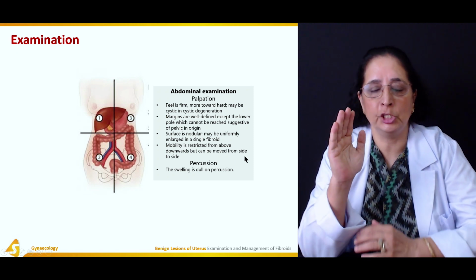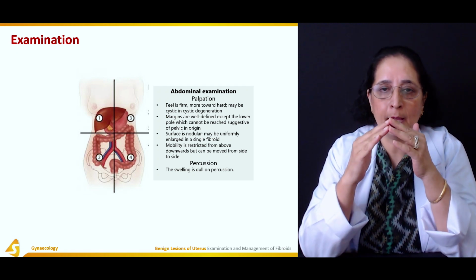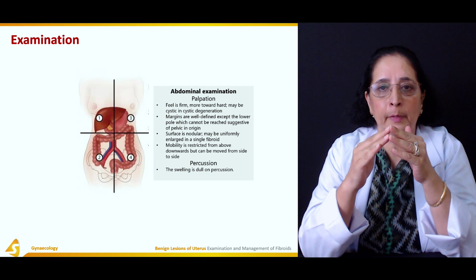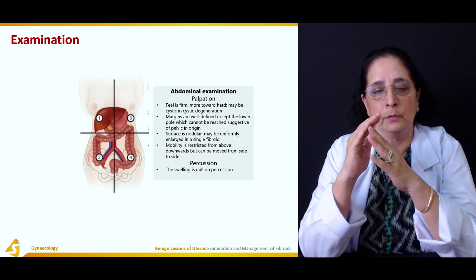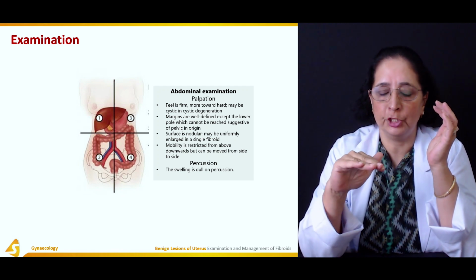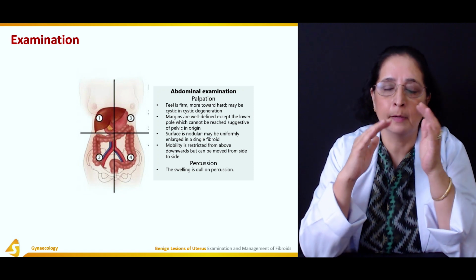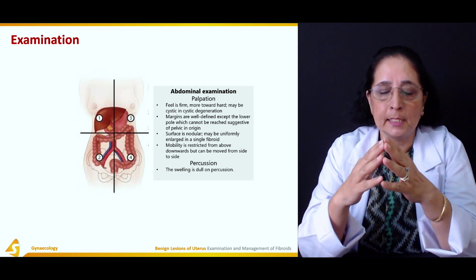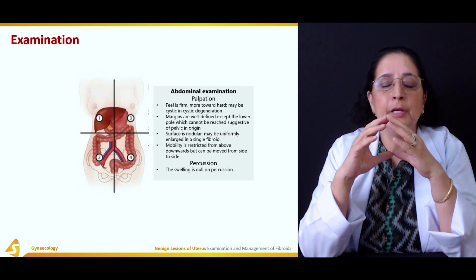So for palpation of any mass present in the abdomen, use the four fingers. Tips are usually the most sensitive. So four-finger palpation. The mass is usually firm, hard, can be cystic, margins are firm, and it can be nodular.